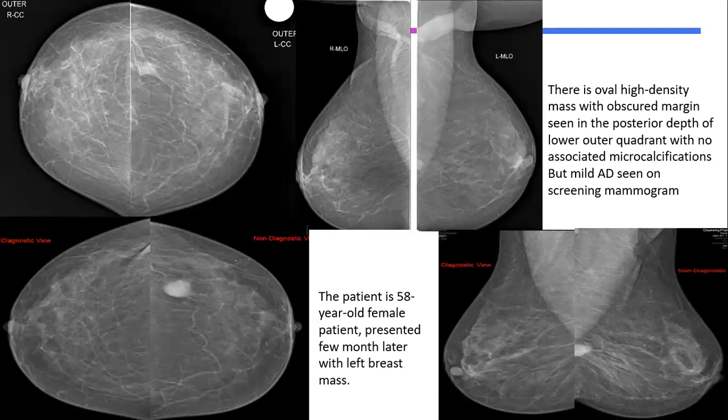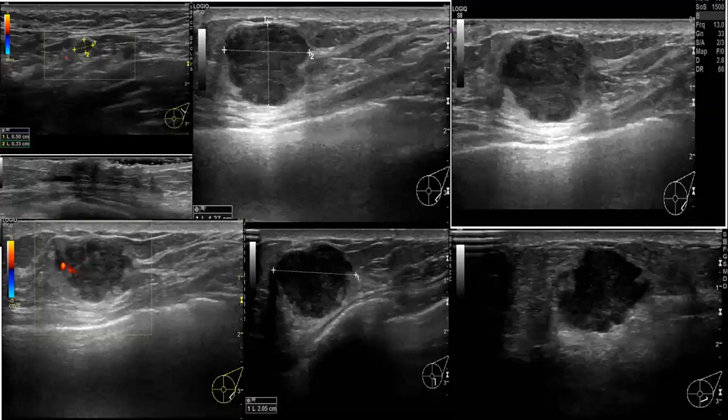The lesion is progressing, getting larger. This is the lesion now, getting large, becoming a typical mass. A high density, indistinct mass. And look at it on ultrasound, it is a typical malignant one.